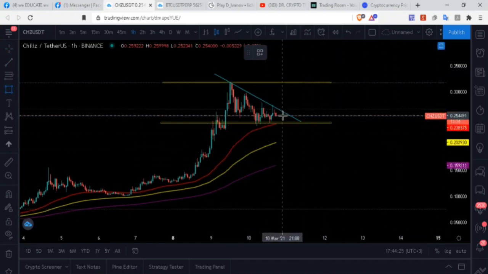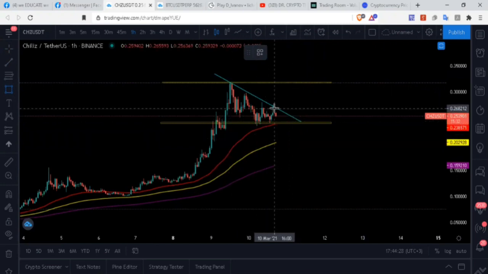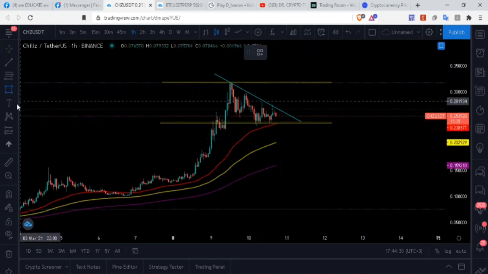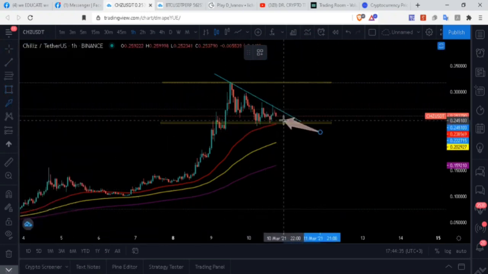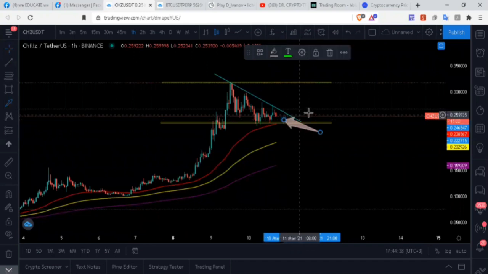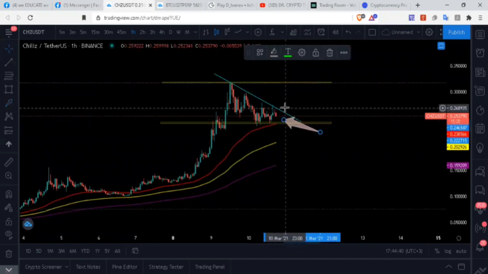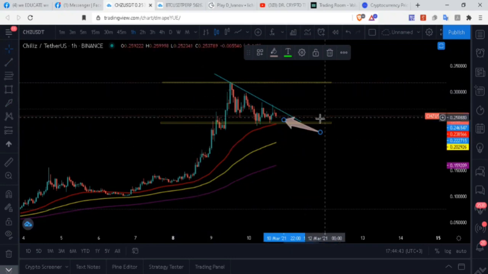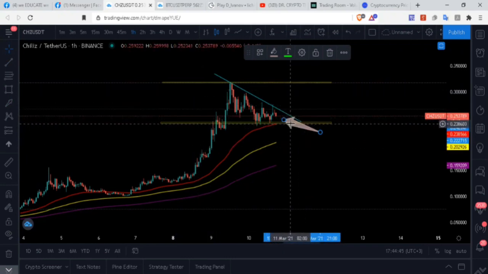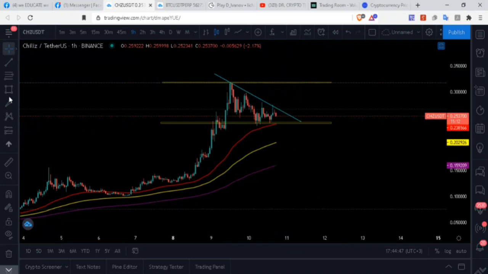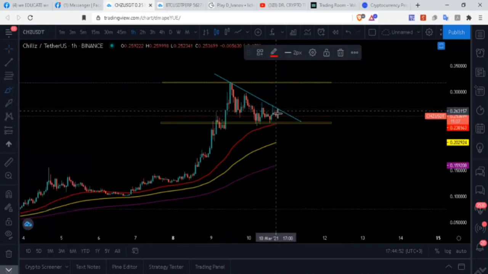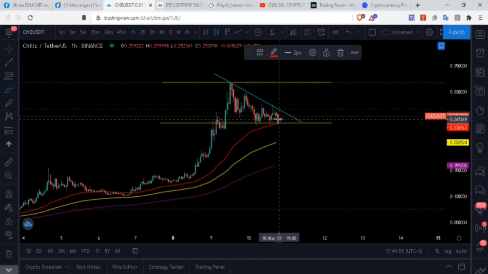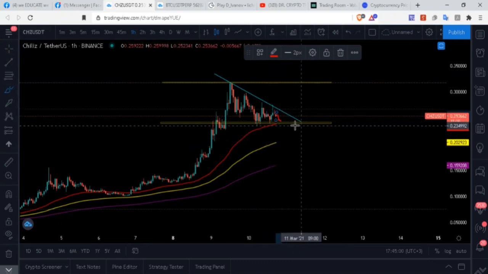If we can wait, we will wait for the price to go here as our entry, or the other thing is we will wait for the breakout. If the price goes here and prints a bullish candle, then that's our confirmation.